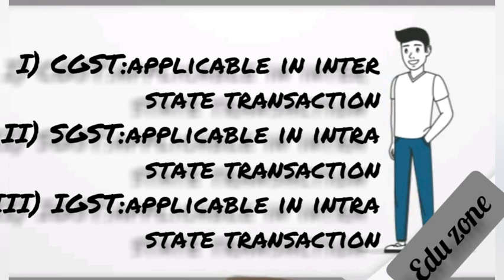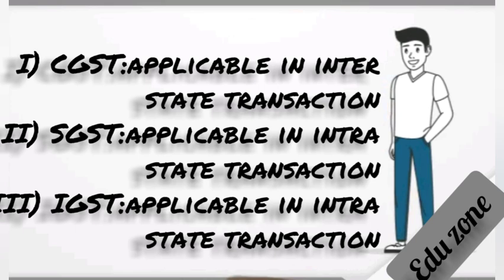To solve this, during interstate transaction, another form of GST is charged, the IGST, the integrated goods and services tax. This tax goes not to the UP government, not to the Jharkhand government, not to any state government. It goes directly to the central government.